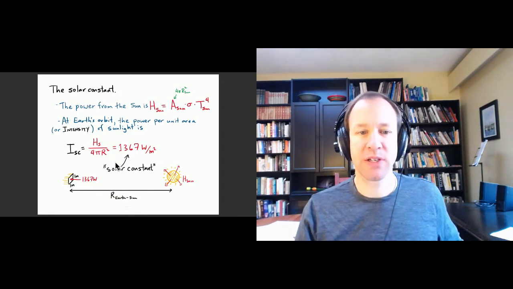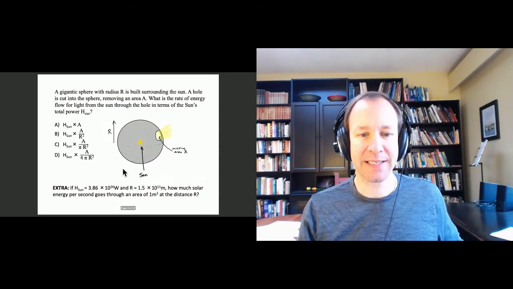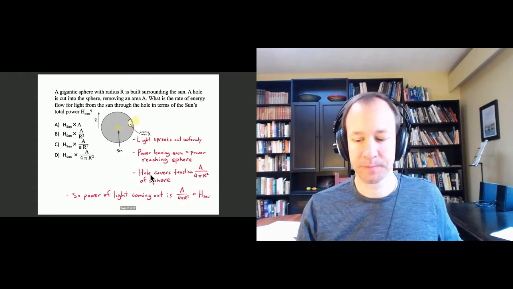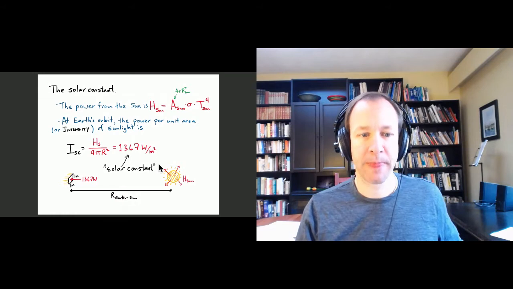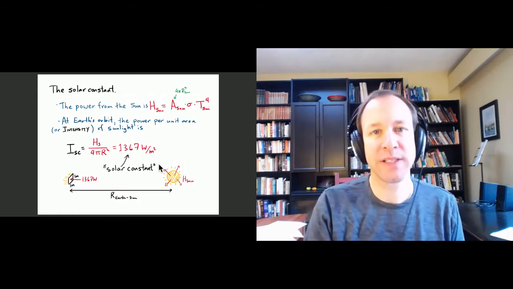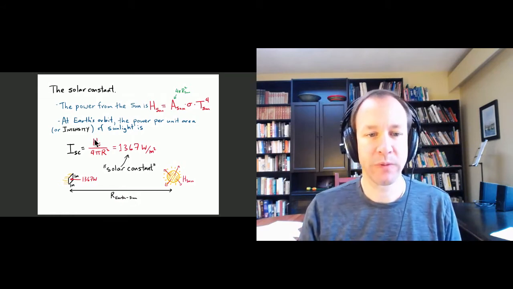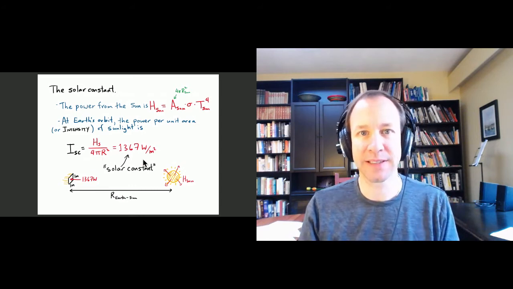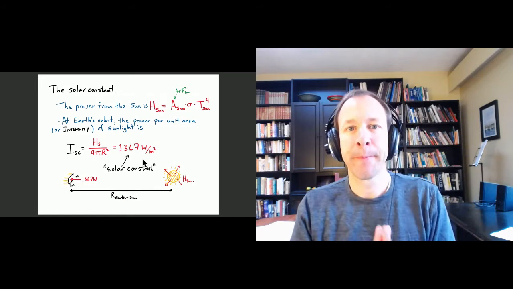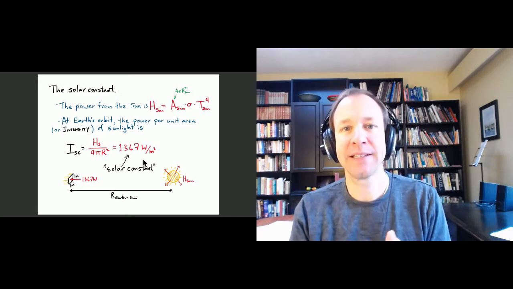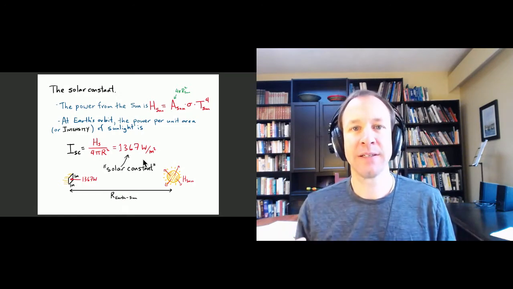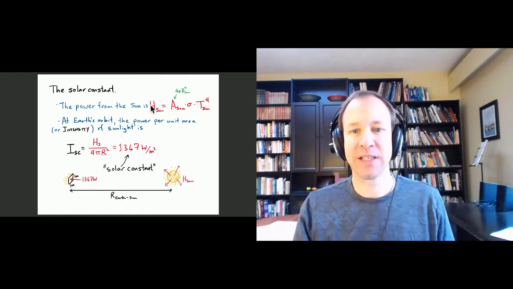Okay, quickly wanted to mention how we would get 3.86 times 10 to the 26 watts. So in our question, that was just a given. We took that value, we divided by 4 pi r squared, and that gave us the intensity of sunlight on Earth. But we could actually calculate the power of the sun, again, using our radiation formula.